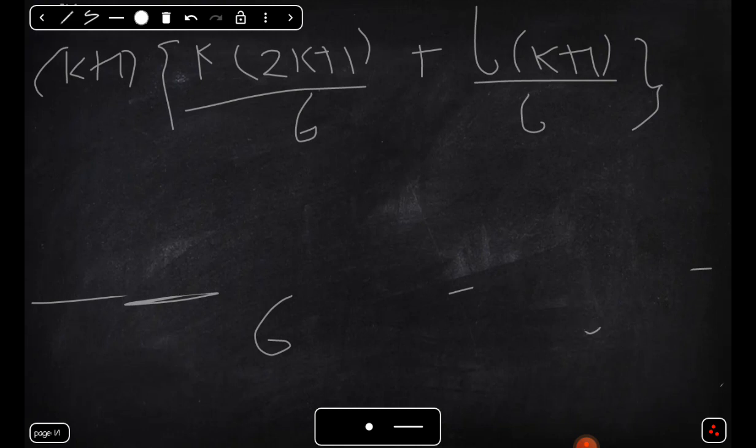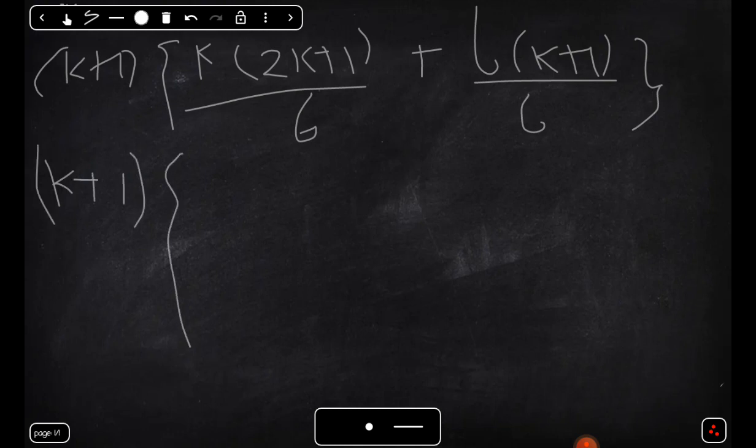After this, the next thing we do is keep simplifying. This is still k plus 1 outside, so we have k plus 1 into this bracket. Now let's simplify. You notice we multiply k into it: we have 2k squared plus k, then plus 6k plus 6, over 6.